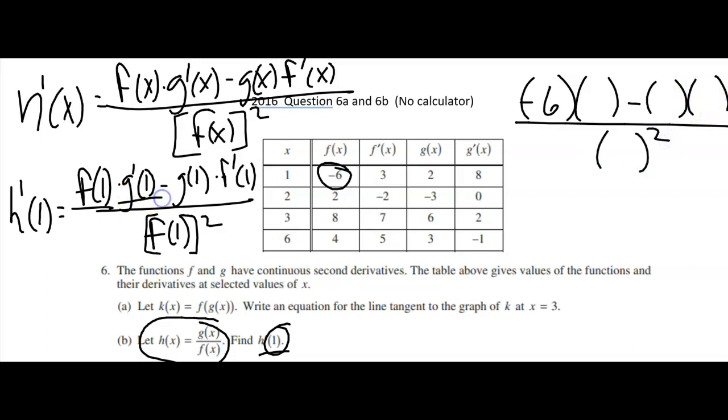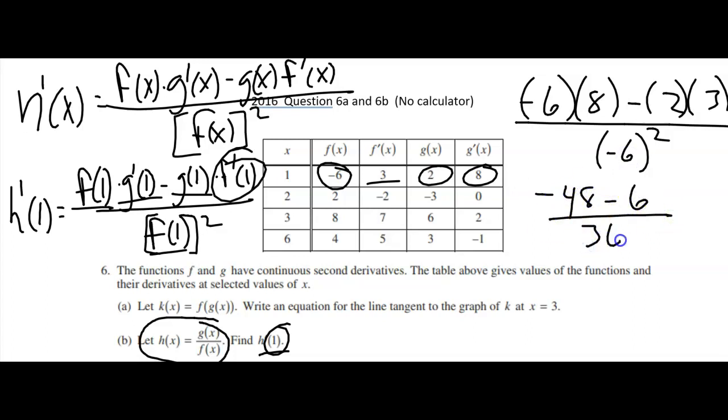Then we have g prime of 1, which is 8, and then we have g of 1, which is 2, and then we have f prime of 1, which is 3. On the bottom, we've got f of 1 again, which we already said was negative 6. So I've got negative 48 minus 6 over 36, and that's going to be negative 54 over 36.